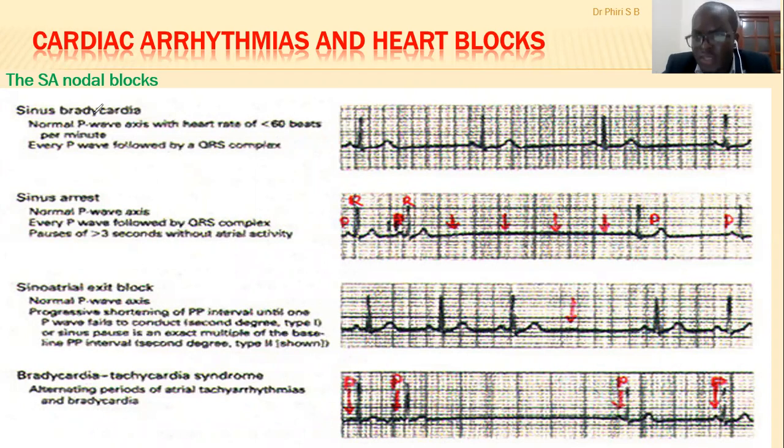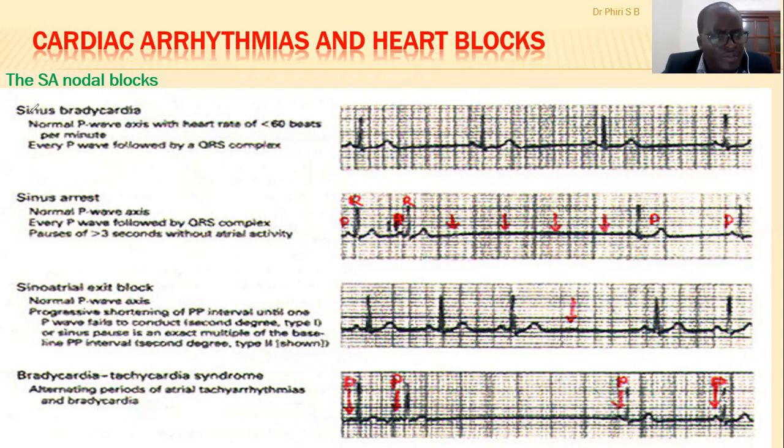So it's reduced. For some reason, maybe there's a pathology taking place there. Maybe there's a drug that is inhibiting them from producing enough action potentials. Maybe it's due to acetylcholine, because the parasympathetic system will have a negative dromotropic, chronotropic, and inotropic effect on the heart.